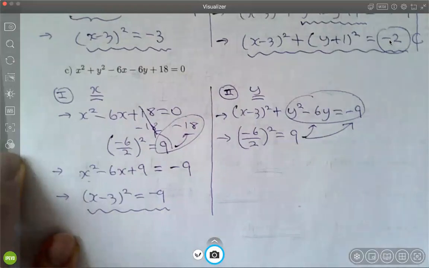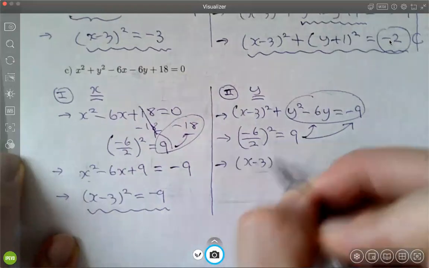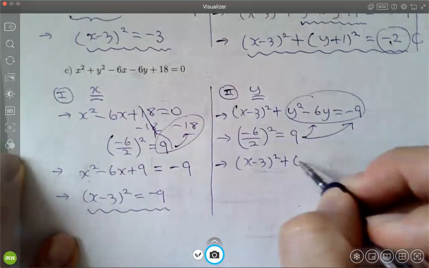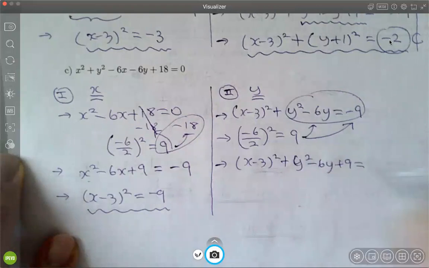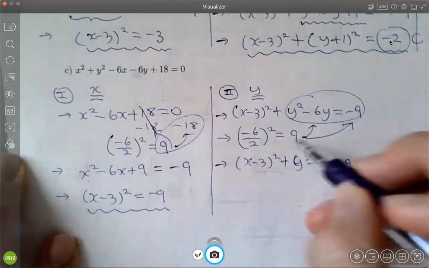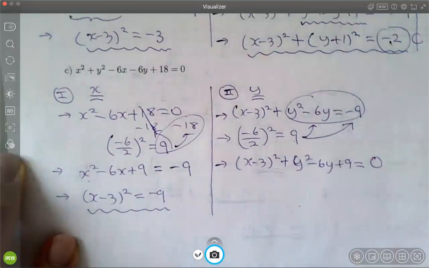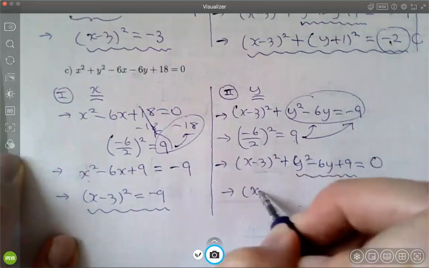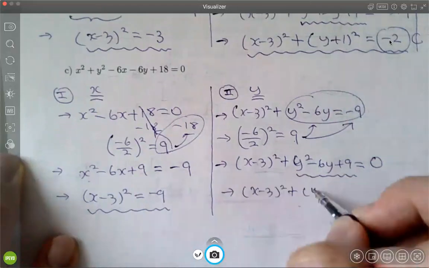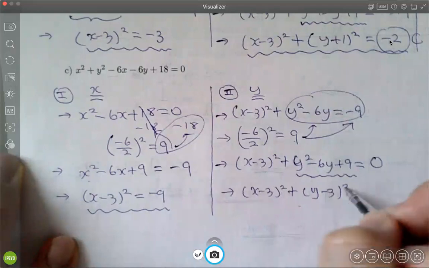So what do you get? X minus 3 squared plus y squared minus 6y plus 9 is equal to negative 9 plus 9, 0, right? And then factor this. So x minus 3 squared plus y minus 3 squared is equal to 0.